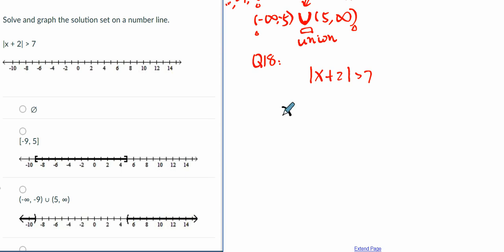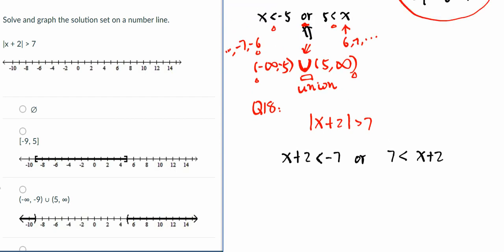One is x plus 2 less than -7. Another is x plus 2 greater than +7. And in between, we use or. Okay, just like we did right here.